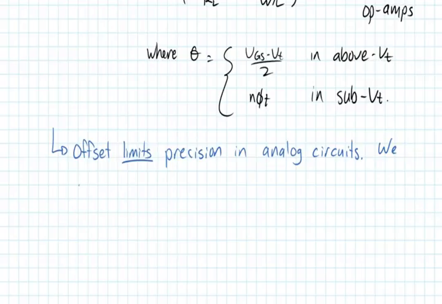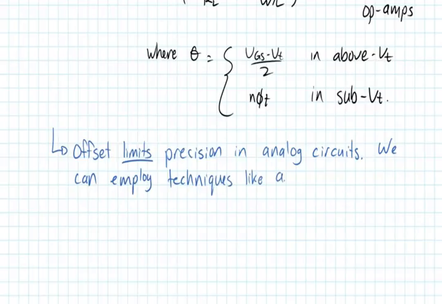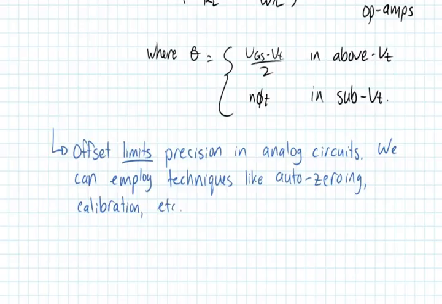So we can employ techniques like auto-zeroing, calibration, etc., to reduce offset.